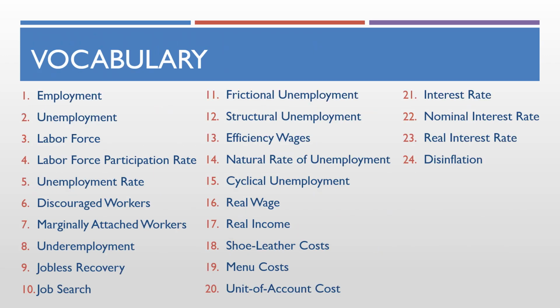So in this chapter, we cover a lot of different topics, right? Going from employment to inflation, we also talk about the cost of unemployment and the cost of inflation or deflation.